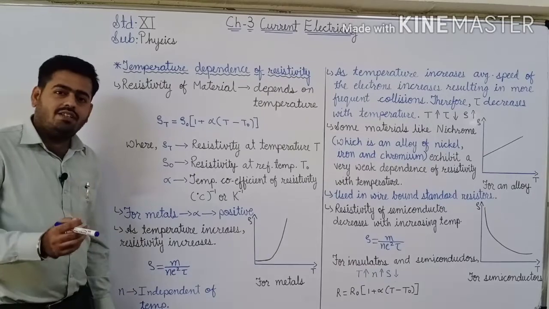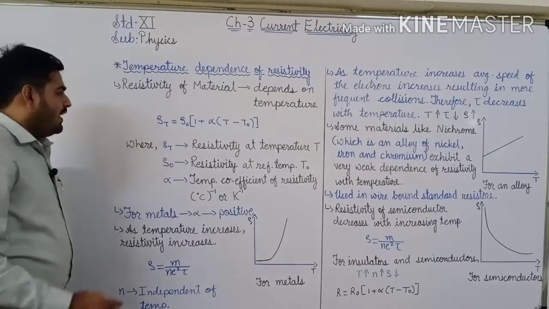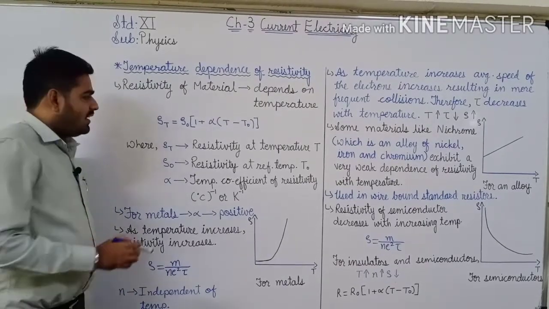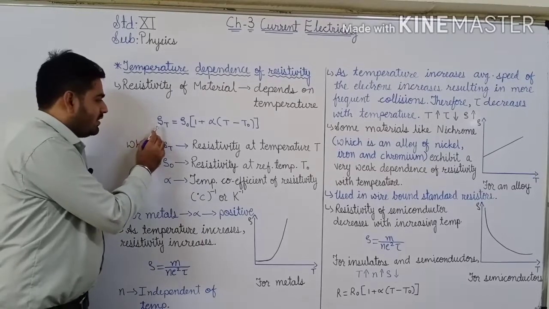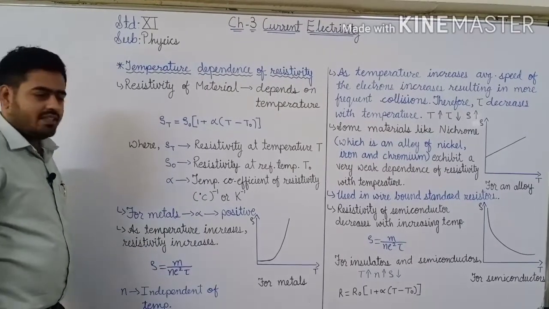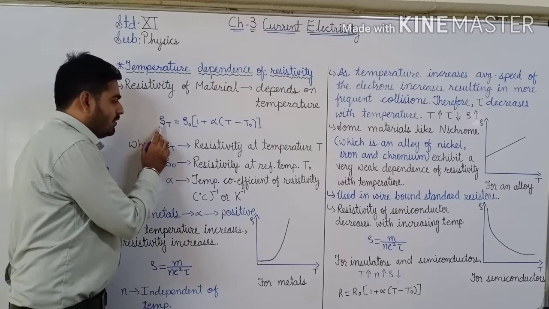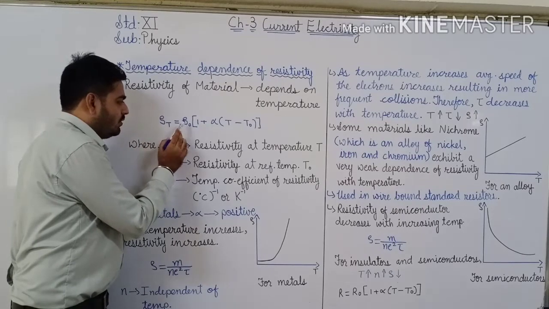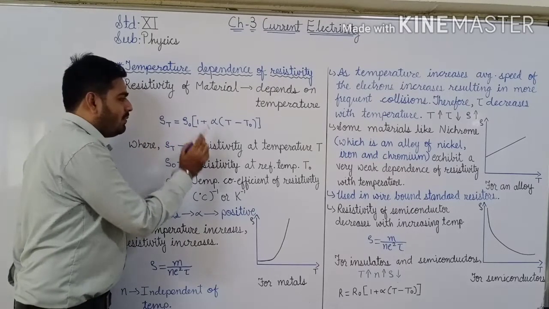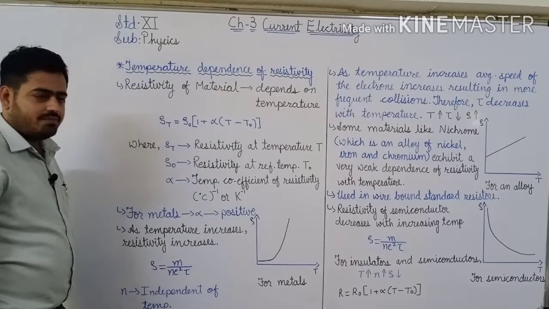For limited range of temperature, when temperature is not too large, the relation of resistivity with temperature is this: rho T is equal to rho naught into 1 plus alpha into T minus T naught.